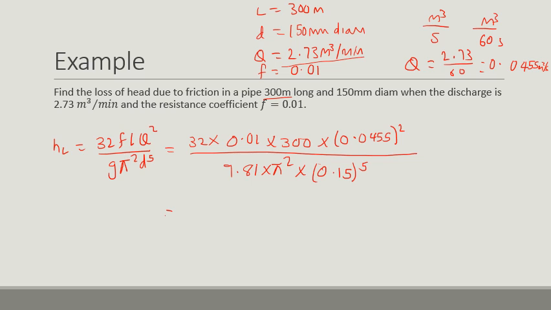And the answer for this, when you calculate it, is 27.3 meters of water. Remember, the unit for head loss is either in meters or Newton meter per Newton, which is basically still meters. I hope it is clear.